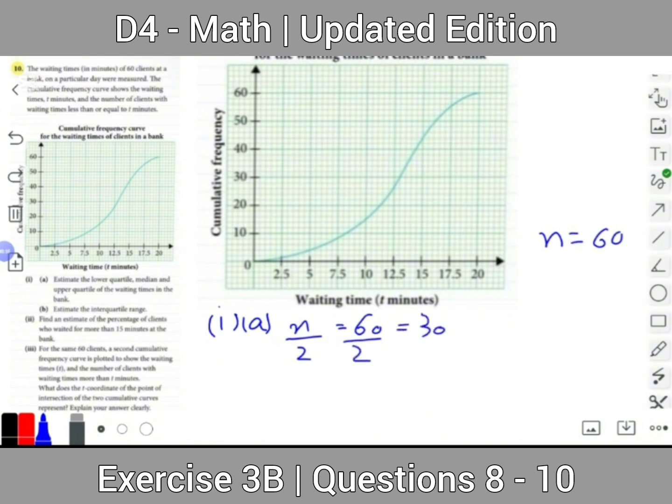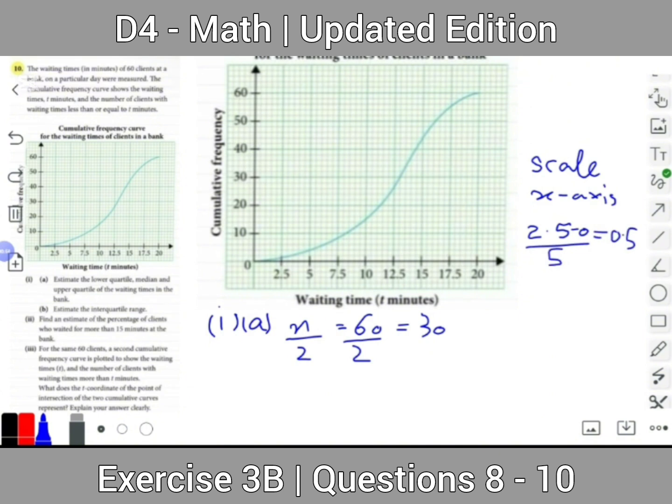Now we will look for the data value corresponding to the cumulative frequency of 30, but first we have to understand the scale along the x-axis. Here we have 2.5 minus 0 divided by 5, which is equal to 0.5.